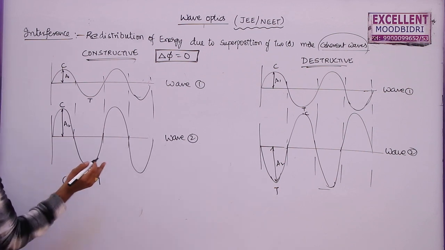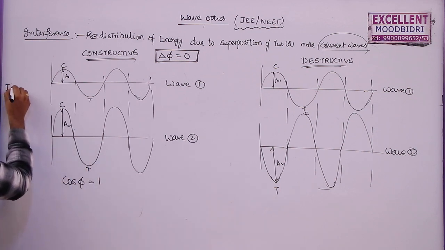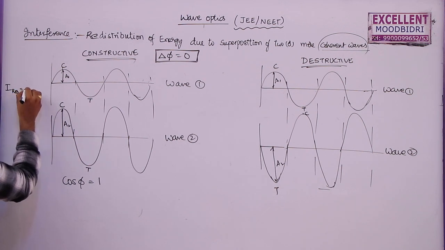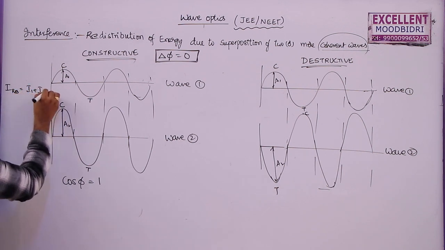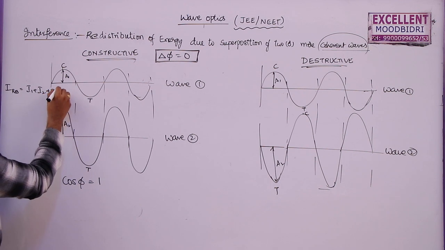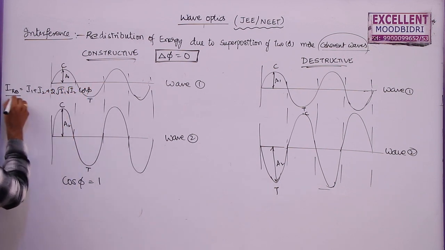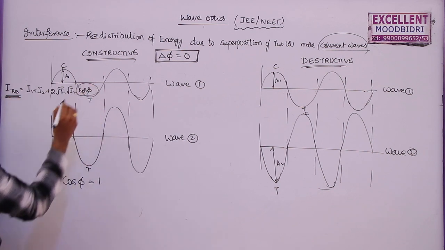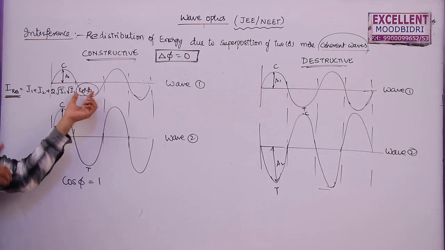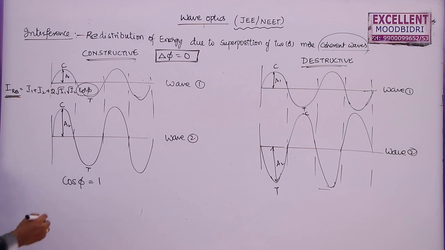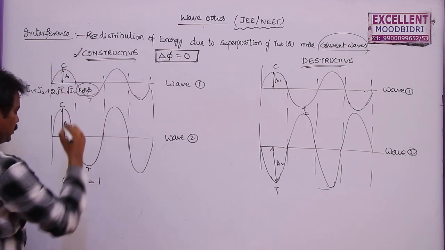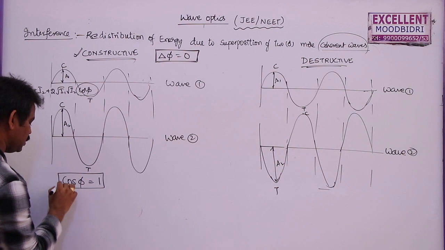Why? Because we already studied that the resultant intensity is given by I1 plus I2 plus 2 root I1 I2 cos phi. This resultant intensity depends upon cos phi here. If this is equal to 1, intensity is maximum. So for the constructive interference to take place, cos phi must be equal to 1.